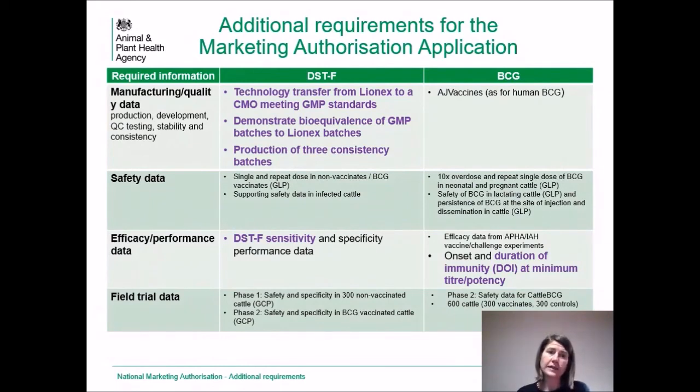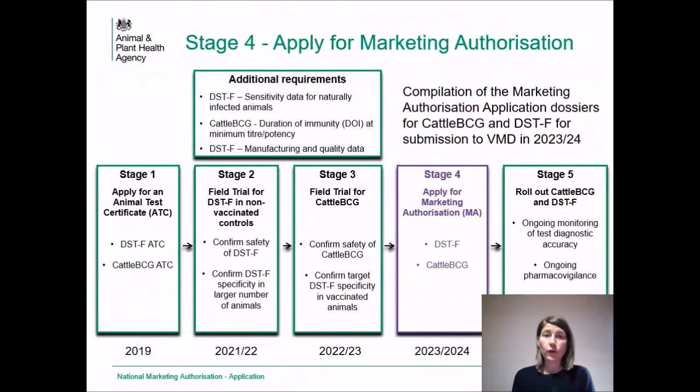And the field trial design has now changed to the available data, which will have to be submitted. Having all the data available, we can then start thinking about compiling the marketing authorization application dossier. There will be 2. There will be one for cattle BCG and one for DSTF. And we hope to submit the one for cattle BCG in 2023 and the one for DSTF in 2024 at the latest.